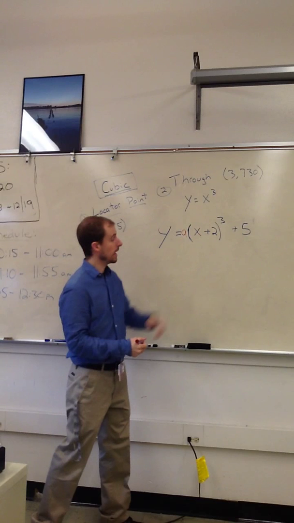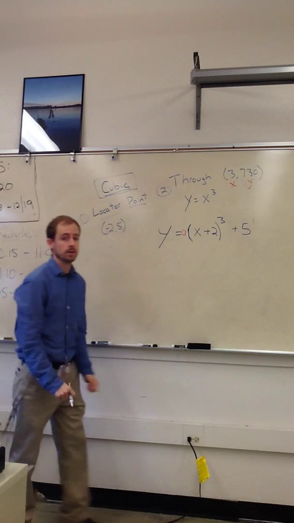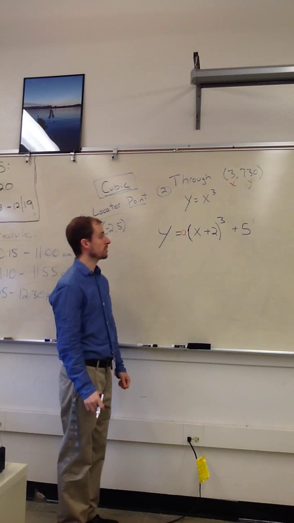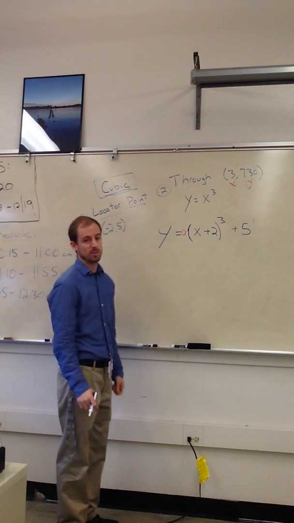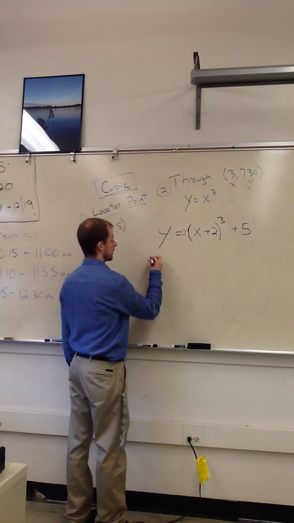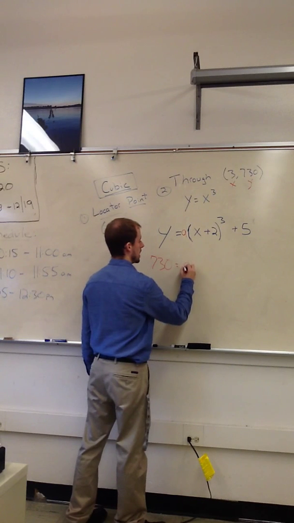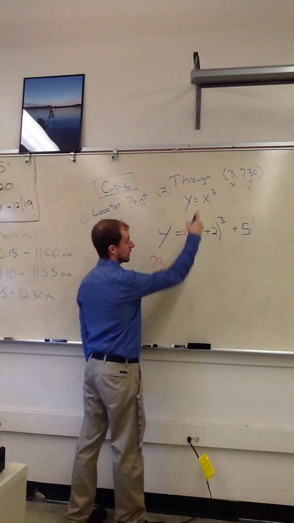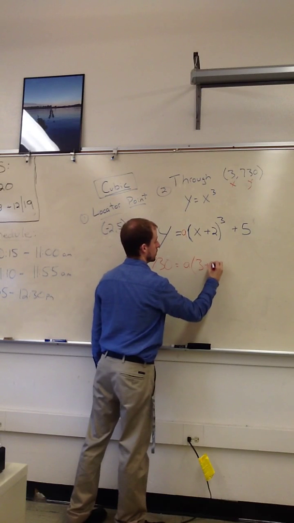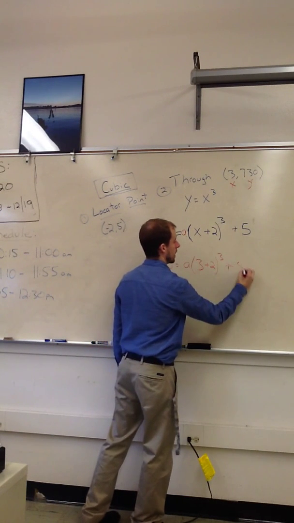We have an x and a y here, and we're going to plug those numbers into our equation to find what a is. So if I plug in 730 here for y equals a times my x is 3 plus 2 cubed plus 5.